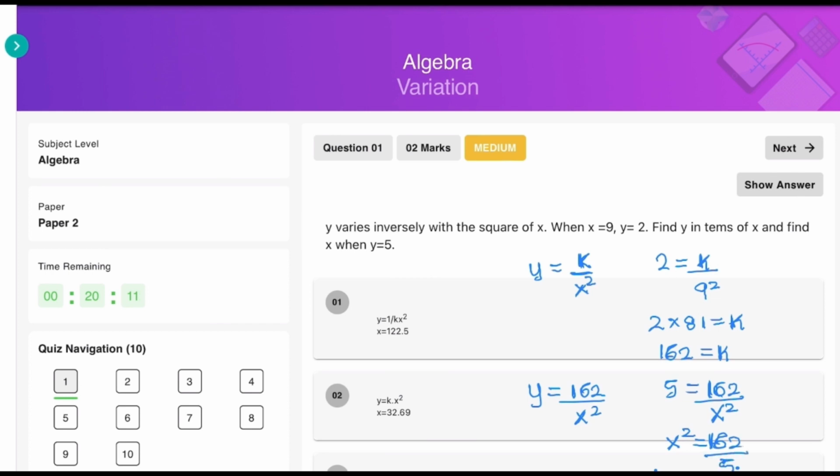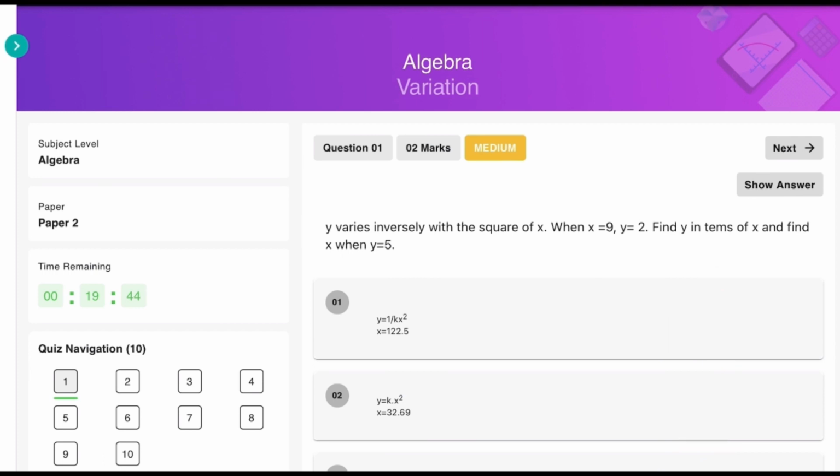So calculate that first, right? So 162 over 5 is 32.4. And then you have to square root that particular answer. So that is going to give me x is a value of 5.69, which is basically option number 3 here.